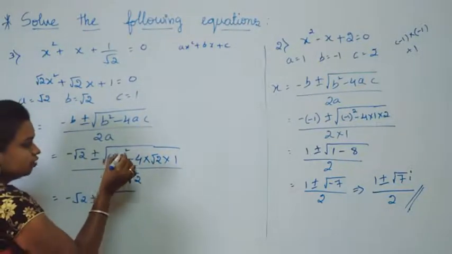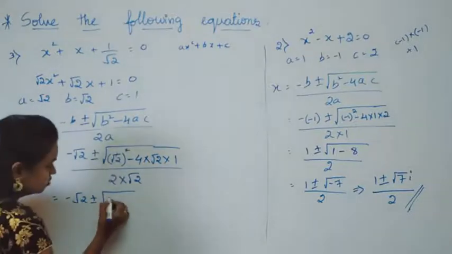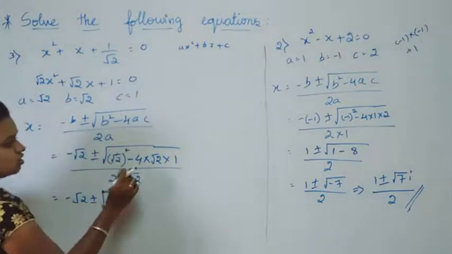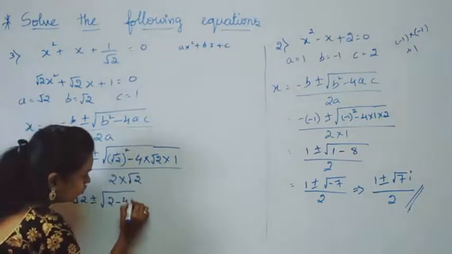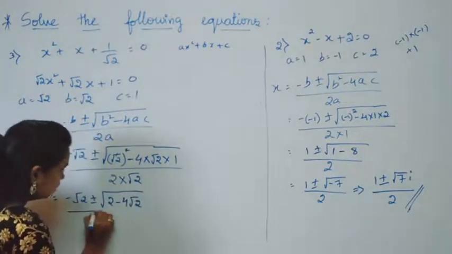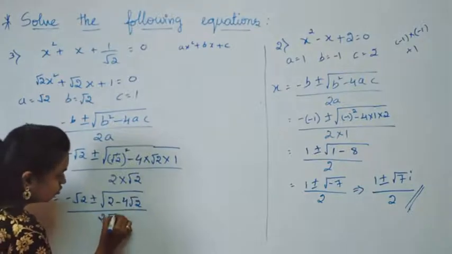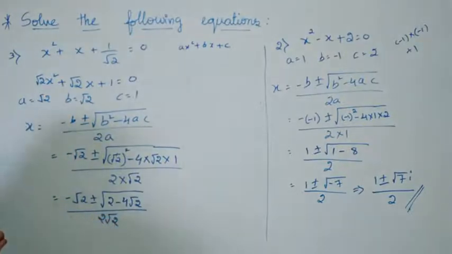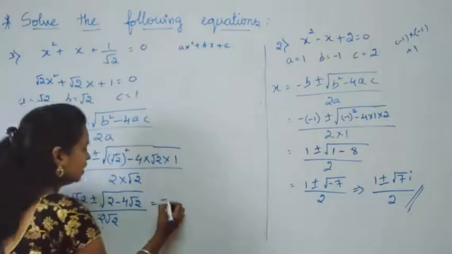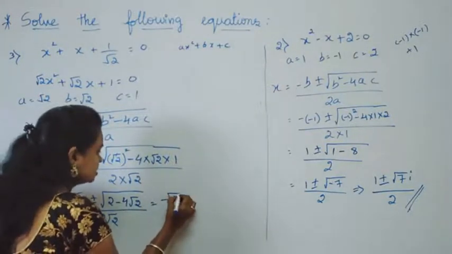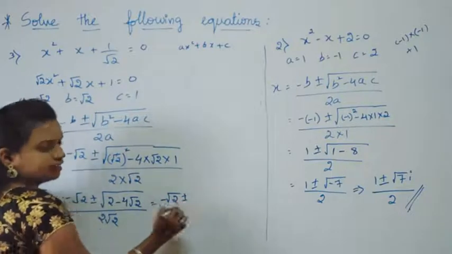The square root and roots get cancelled. It becomes 2 minus, so 4 ones are 4, 4 into root 2 means 4 root 2, whole divided by 2 into root 2, which means 2 root 2. In the next step, that is equal to minus root 2, write as it is, plus or minus.